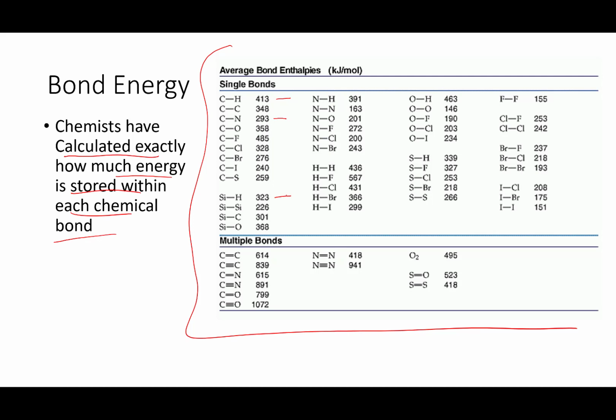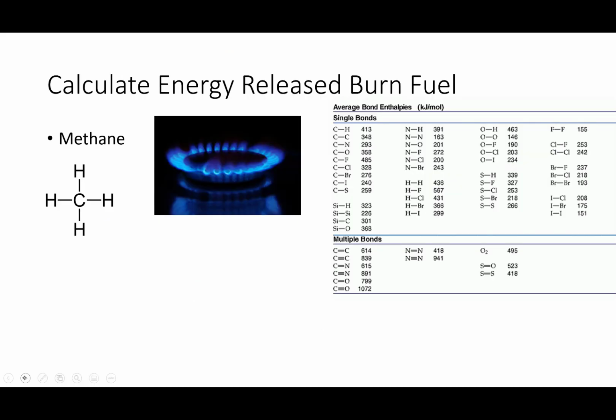Armed with this sort of information, you can truly calculate exactly how much energy is going to be released if a chemical compound is fully and completely combusted. So let's calculate how much chemical energy is going to be released when a methane molecule is burned.